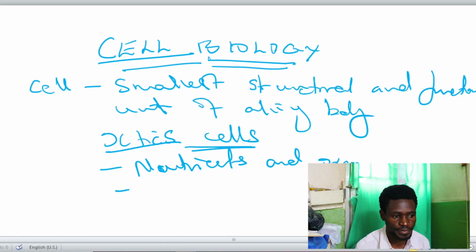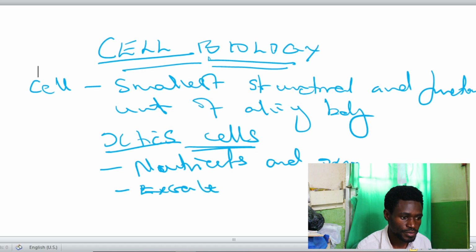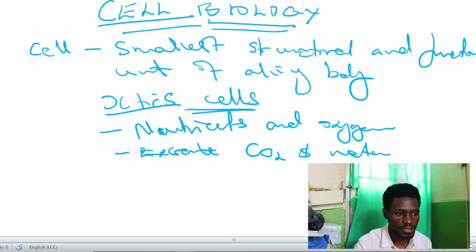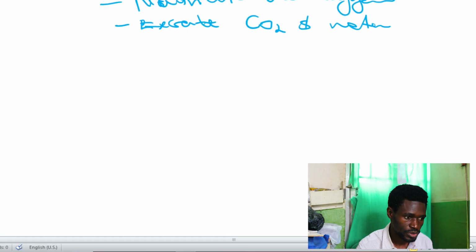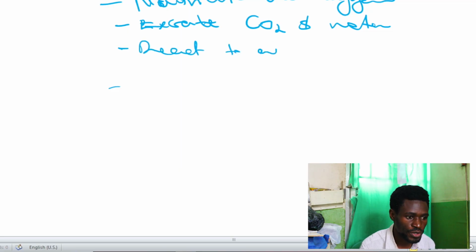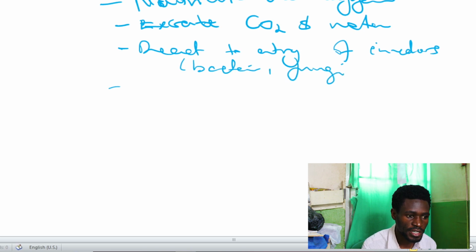They will excrete carbon dioxide and the metabolic waste products. Human cells will show immediate response to the entry of invaders like bacteria, fungi, and other toxic substances.